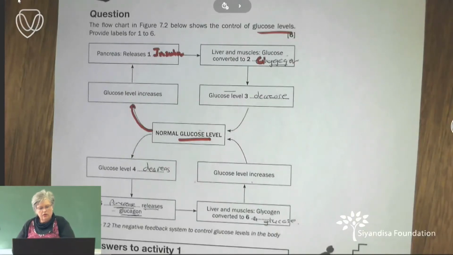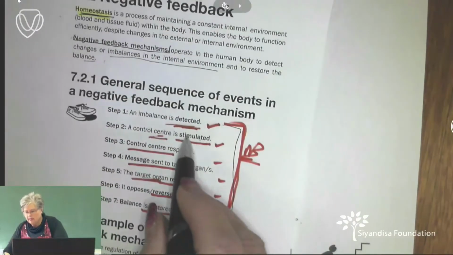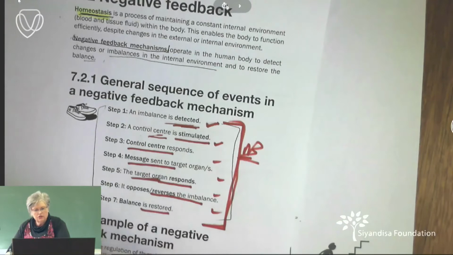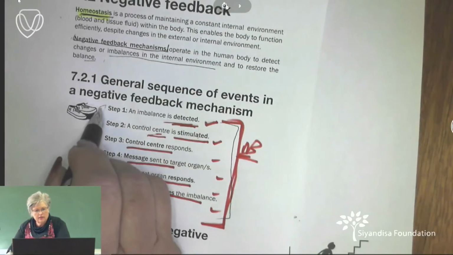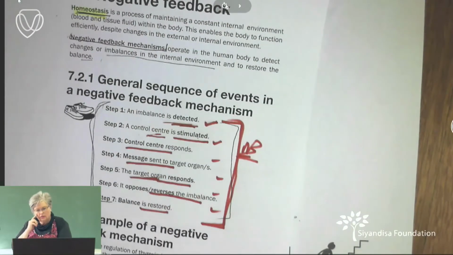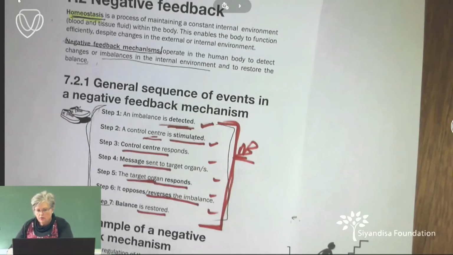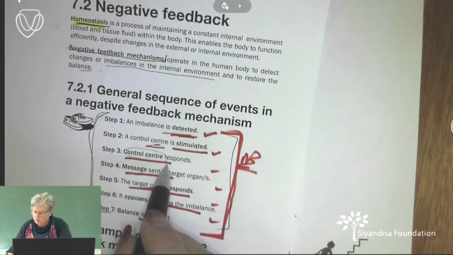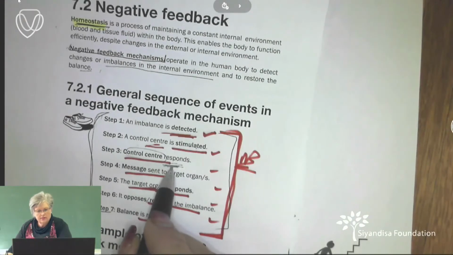So I hope this helps you understand that if you know these general steps, you can actually explain any of them. But you must know what the control center is, what it must do, and how it responds.